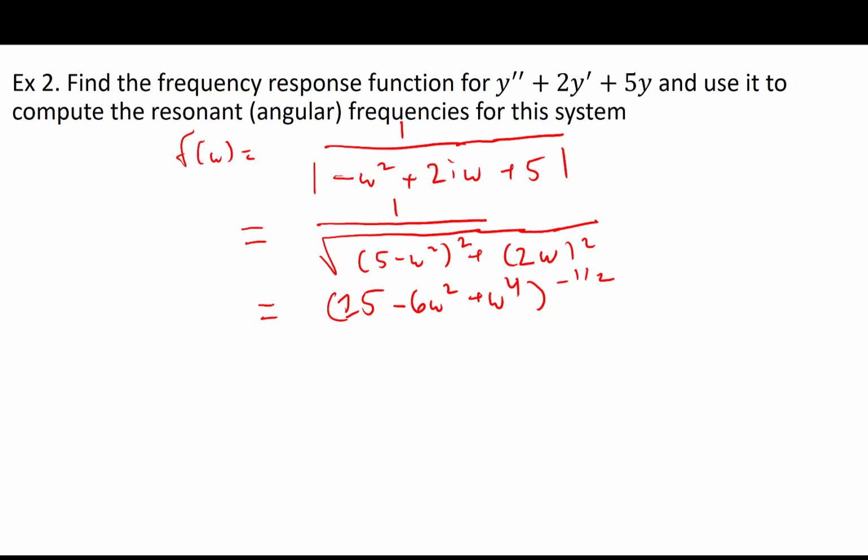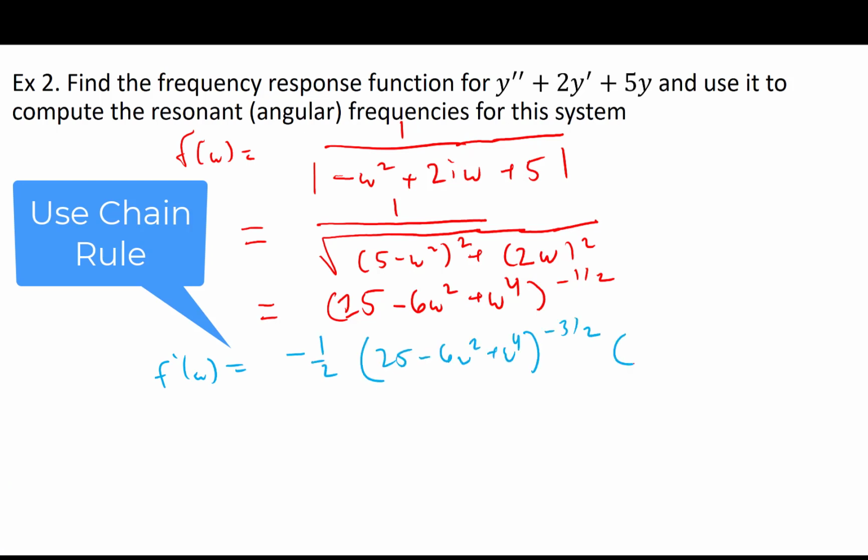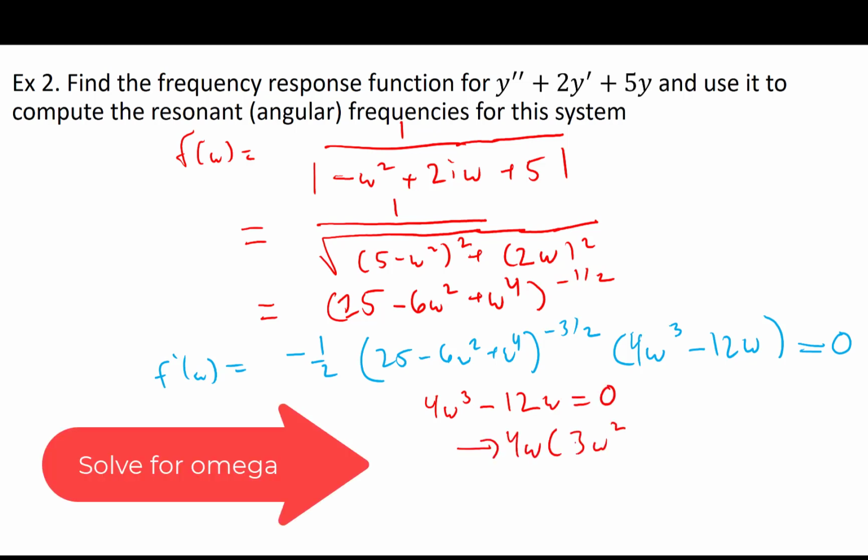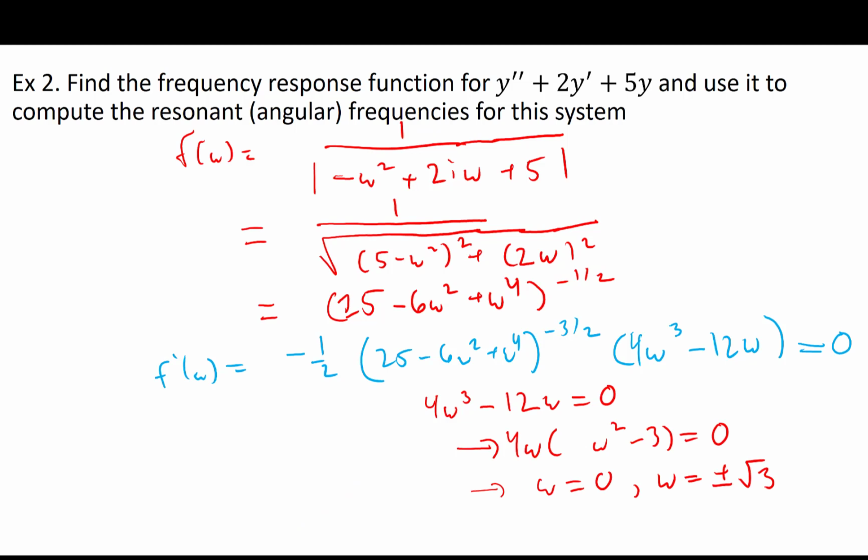To find the critical points of this function, let's take its derivative and set it equal to 0. This function is equal to 0 exactly when 4 omega cubed minus 12 omega equals 0. To check which of these is the actual resonant frequencies, we would need to plug them back in to our function f of omega.